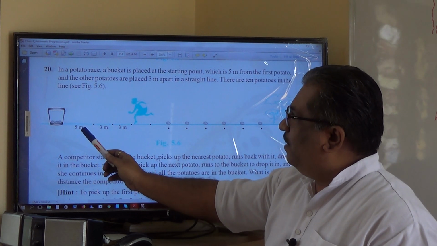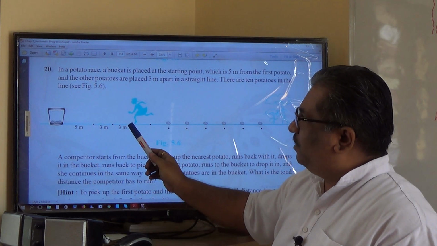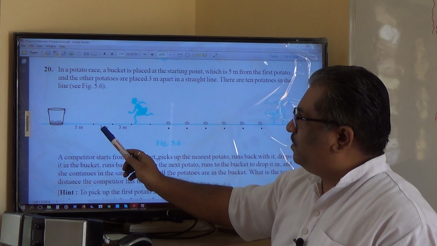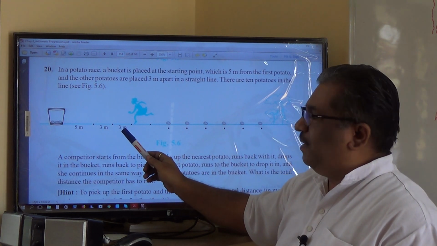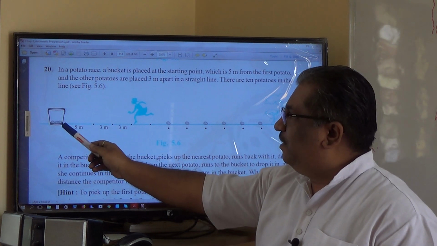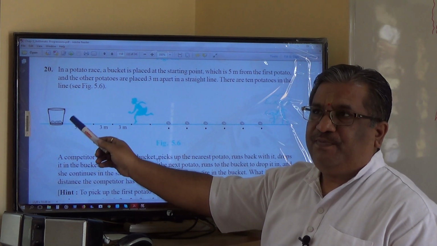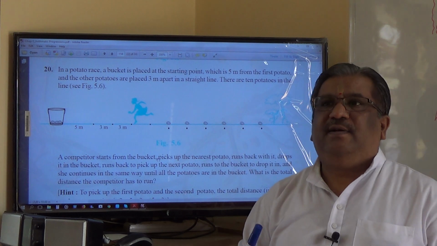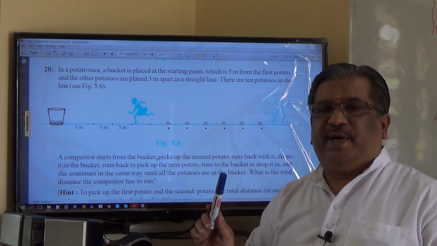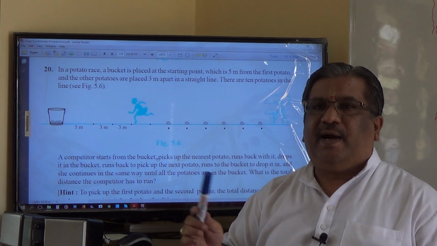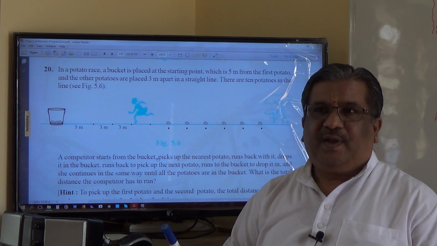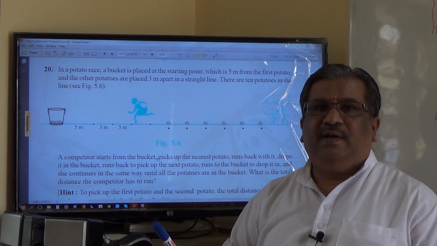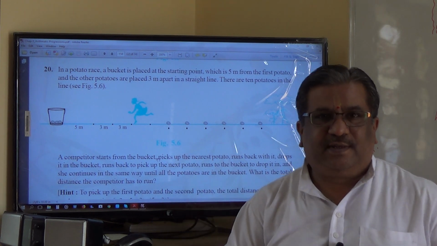For the third potato, 5 plus 3 plus 3, 11, back 11, 22 meters. Let us see whether this list forms an AP or not, and how to solve this.